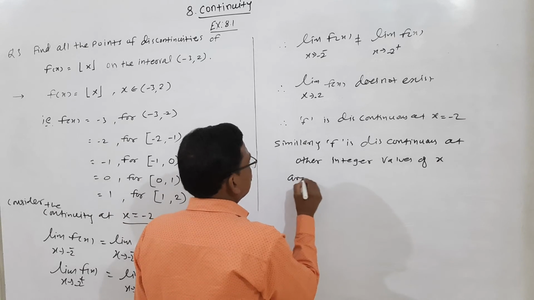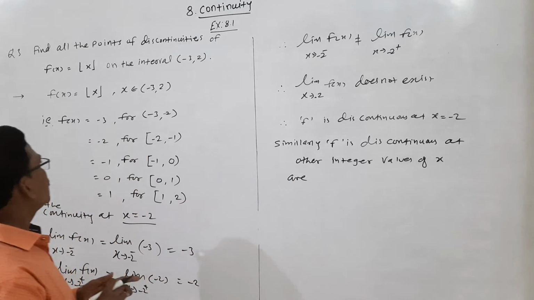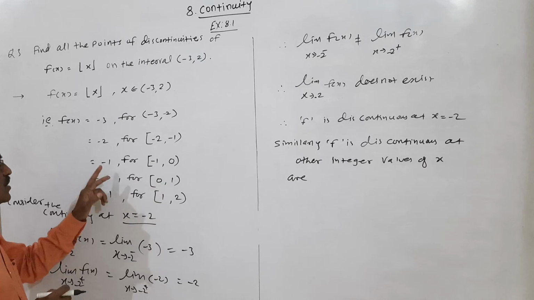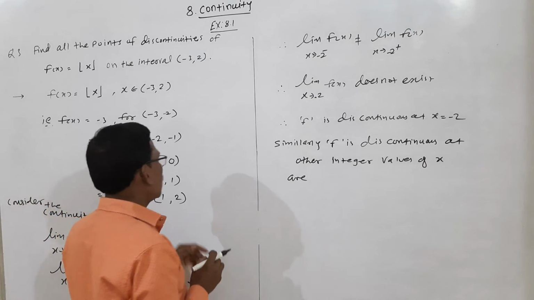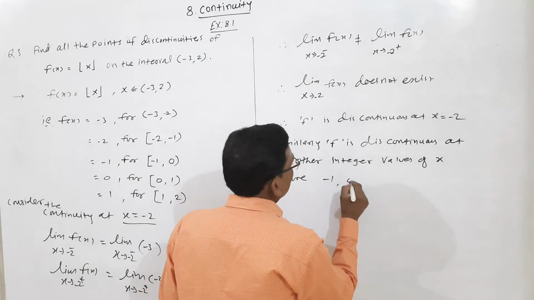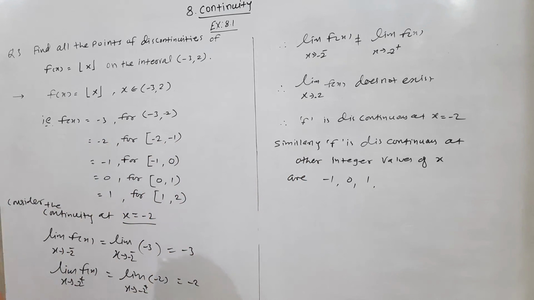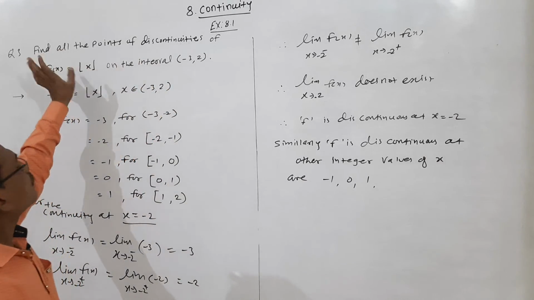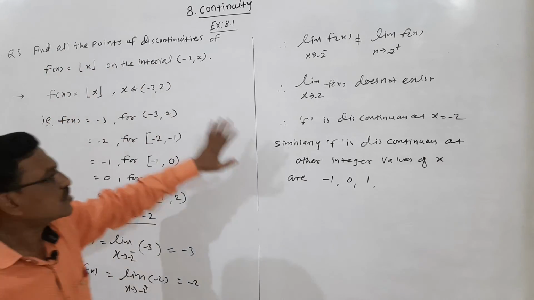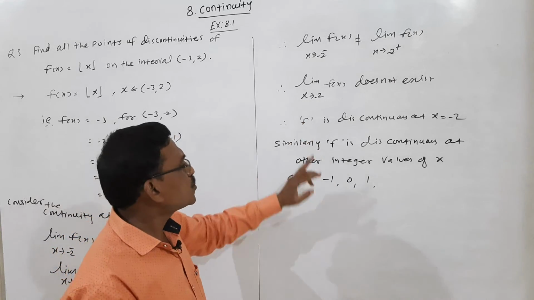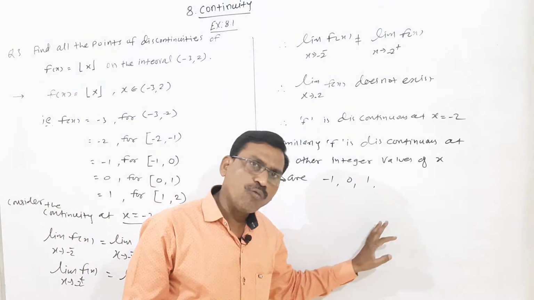The other values are minus 1, 0 and 1. And hence we have shown that all the points of discontinuity of this greatest integer function are minus 2, minus 1, 0 and 1.